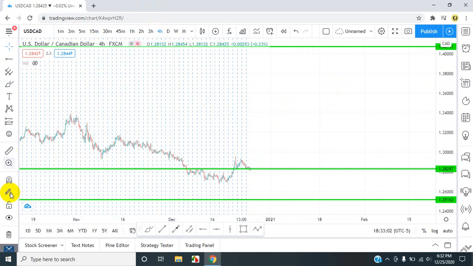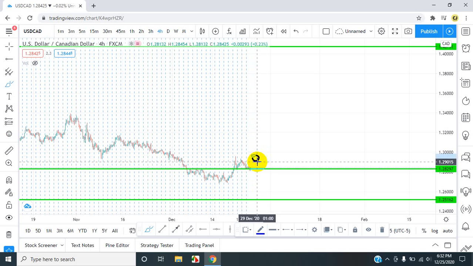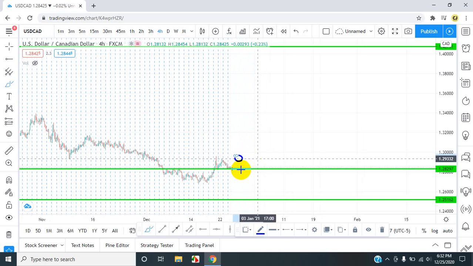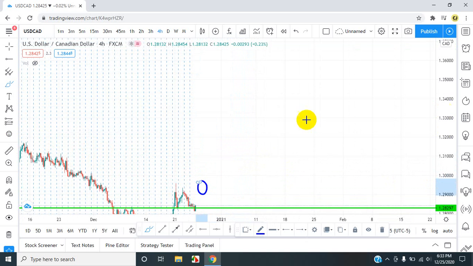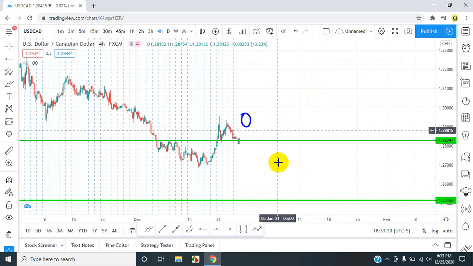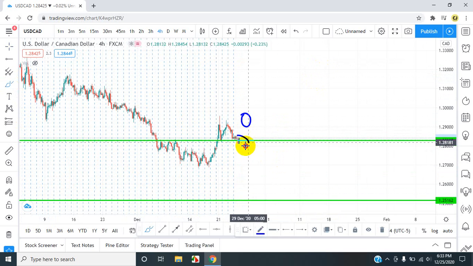If we found entry in this area here, for reassurance of confirmation to the upside, we can take it here, or experienced traders could look for a confirmation. If we zoom in a little more, we can probably wait to see some type of pattern happen in this area to confirm that it's either going up or down.